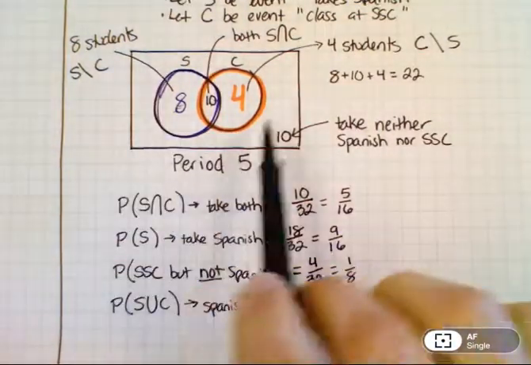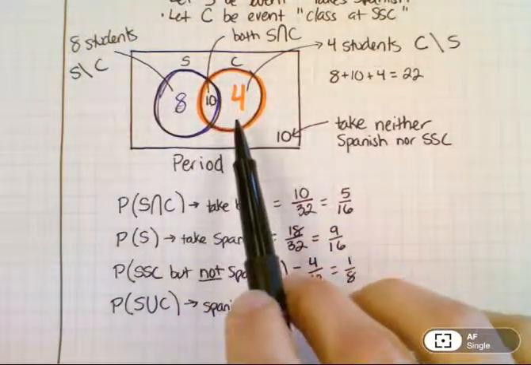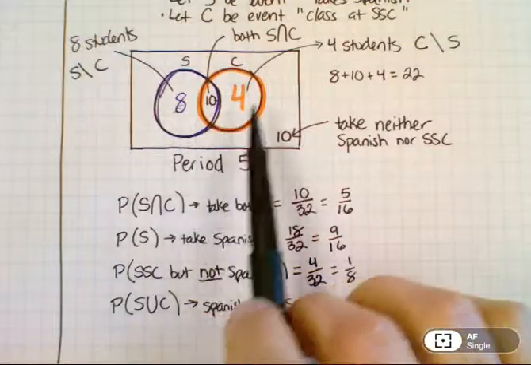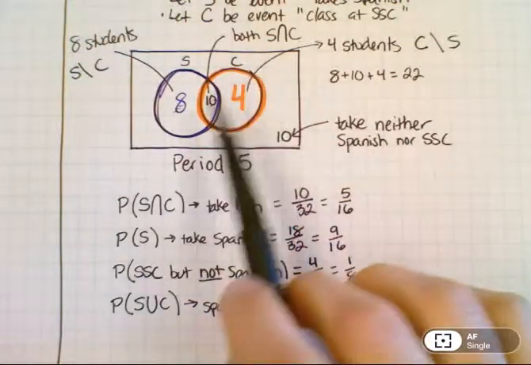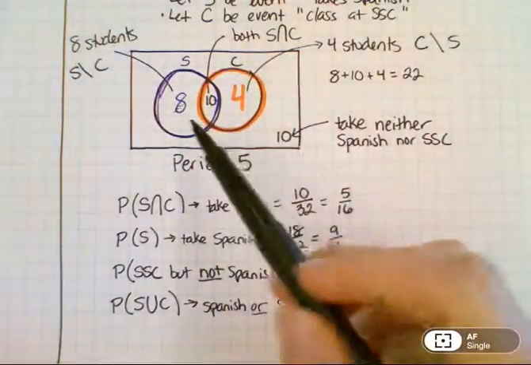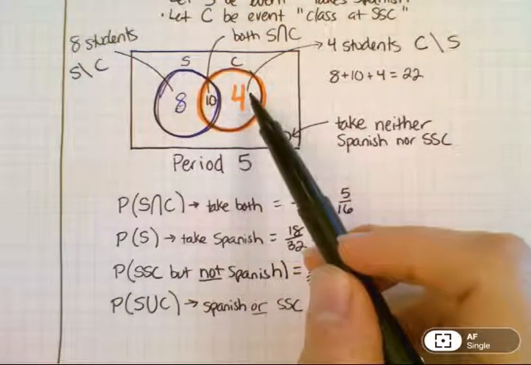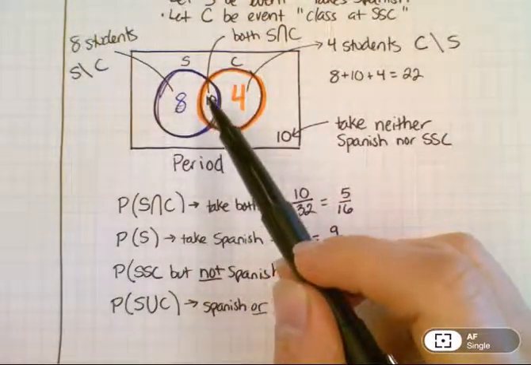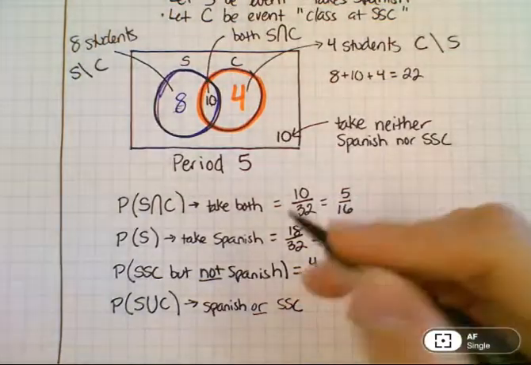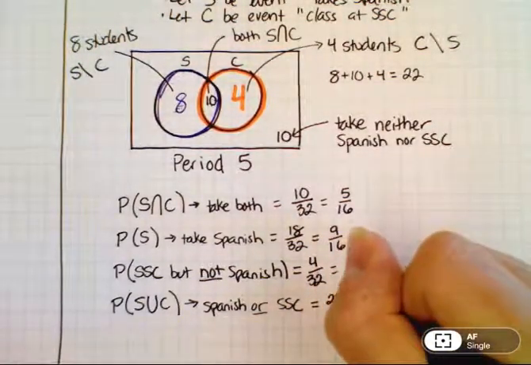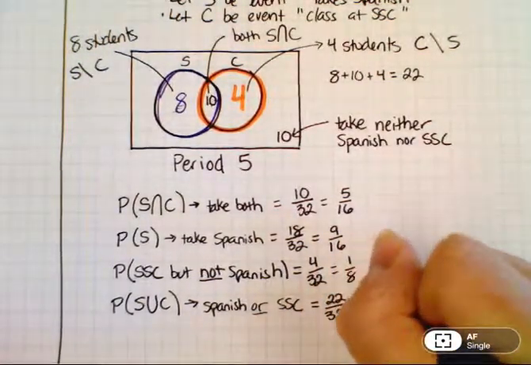We're bringing all these students together who are in the Venn diagram. So students who take Spanish, students who take a class at SSC, or both. And so to do that, we're basically adding up all the numbers in the Venn diagram. We have 8 plus 10 plus 4, which we already worked out, is 22. So that would be 22 out of 32.